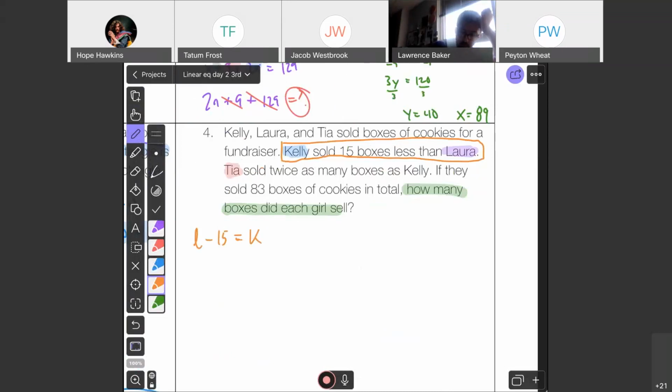Can I just turn that around, Peyton, so that I can put the K first? I just prefer when the single variable is off on the left side, but the numbers don't care. I think it's a little easier to read.